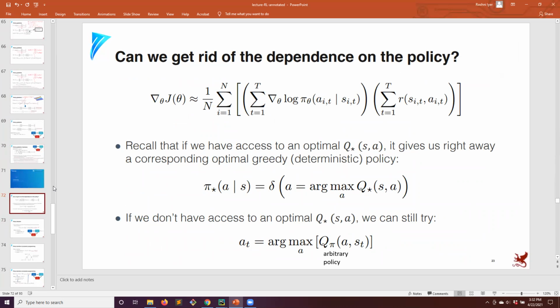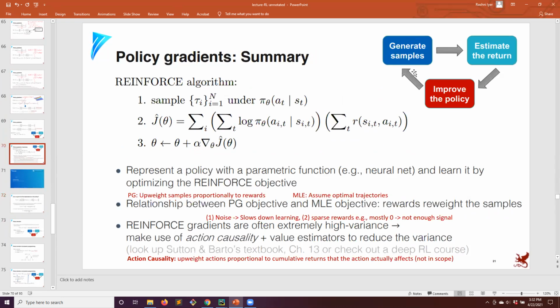Okay, so one thing we did see is that policy iteration is very dependent upon actually having this policy. So is there a way that we can get rid of this policy altogether? Because if you remember previously, we generated samples by following this particular policy.